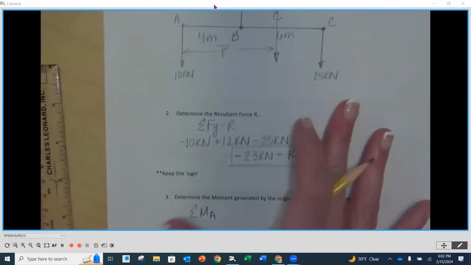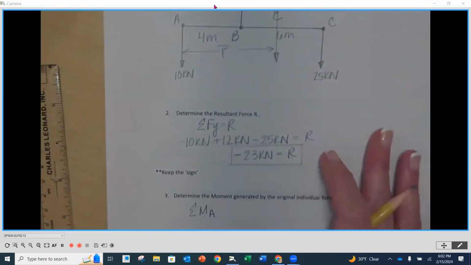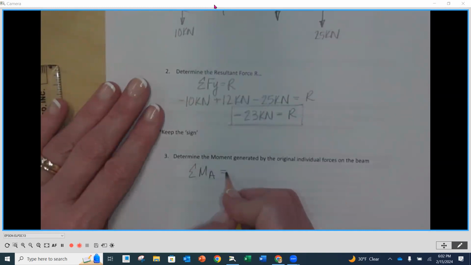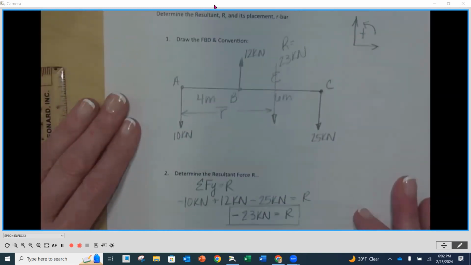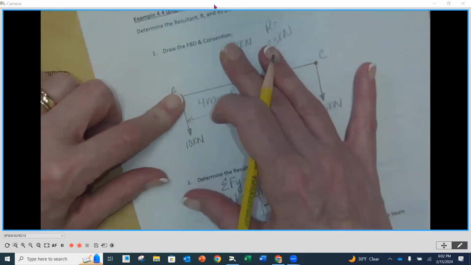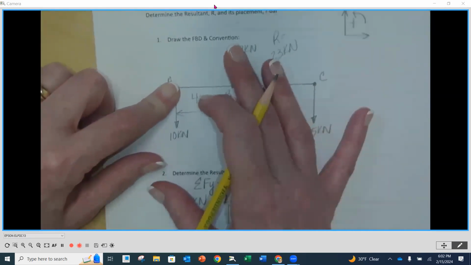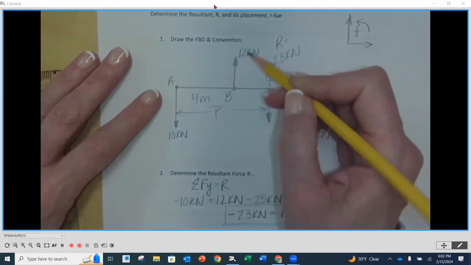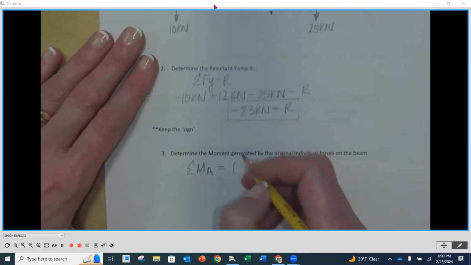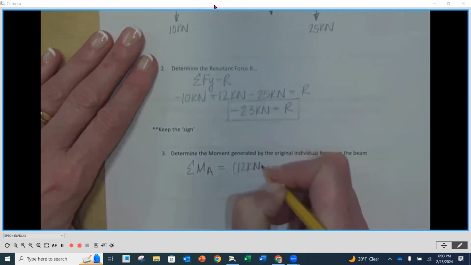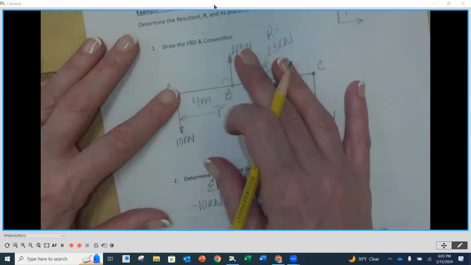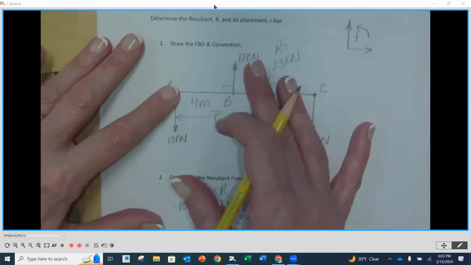Now you could pick around B or C, but A is just on the left-hand side, and I always tend to start there. Sum of the moments around A is going to be equal to, so I'm going to go back up here, put my finger on A, and rotate the 12 kilonewtons times the perpendicular distance of 4 meters. And then the rotation is going to be counterclockwise.